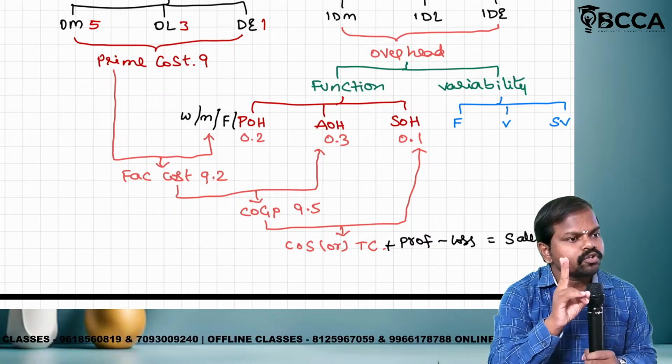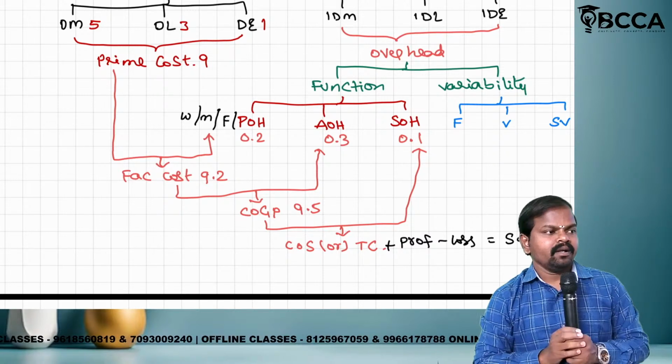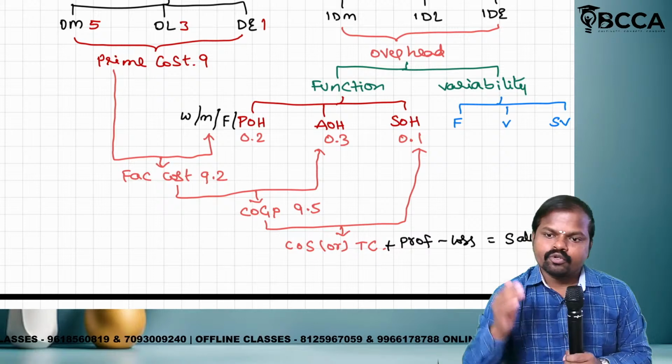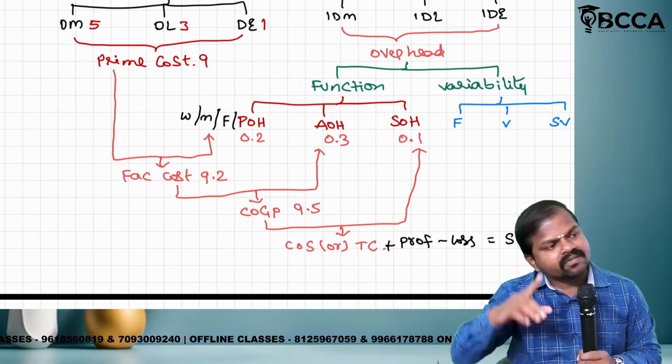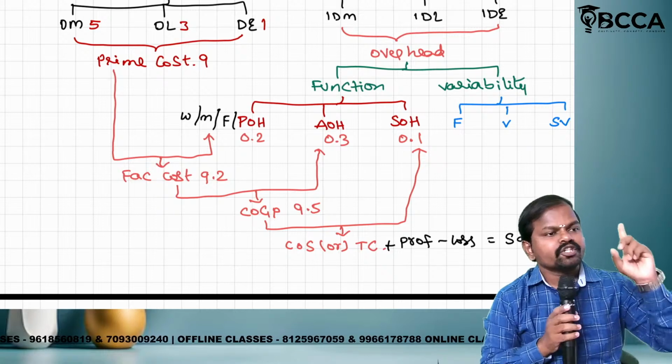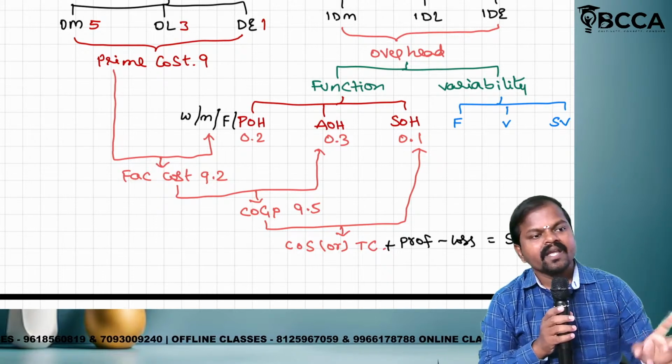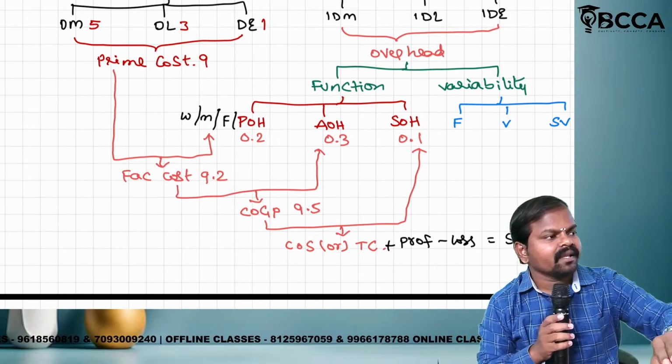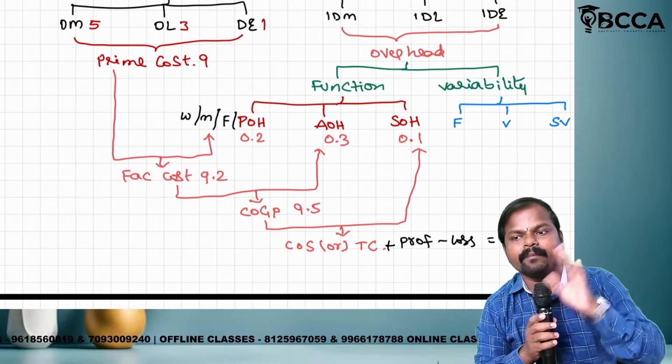These two rules should be kept in mind, not only for inter group 1 but also for group 2, final level, and your professional career. First priority, CAS. If CAS does not mention anything, go for GAAP.